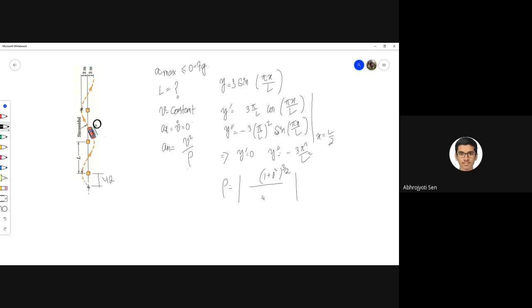Sir, shouldn't that be 3 cos pi x by L? Because if we consider from where L is beginning, if we consider that position as 0, then the next obstacle is at length L. So basically, if we put x equals L, then y is coming 0 for sine pi.